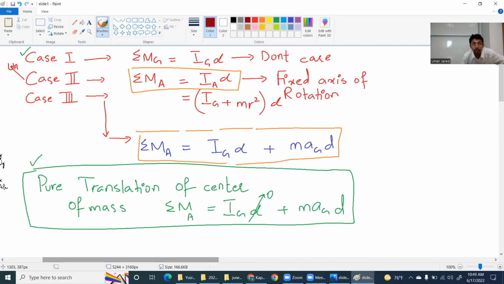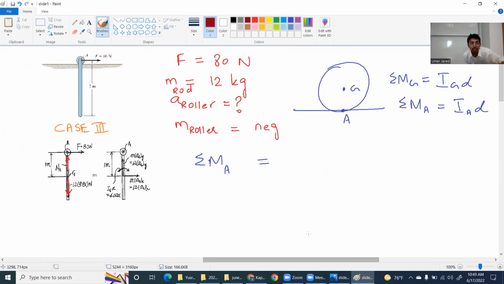But you can see that for this problem, let's go back to our case. I will just take a liberty to put a plus minus here depending on the situation, if all the students can focus. For our third case, I will write summation of moment about point A. What are the forces?